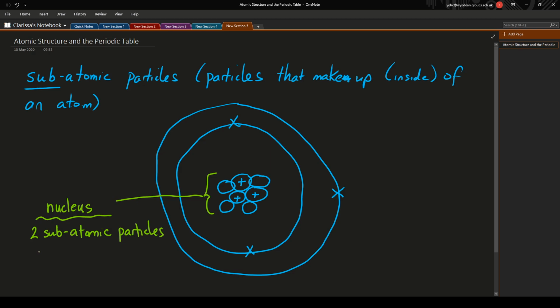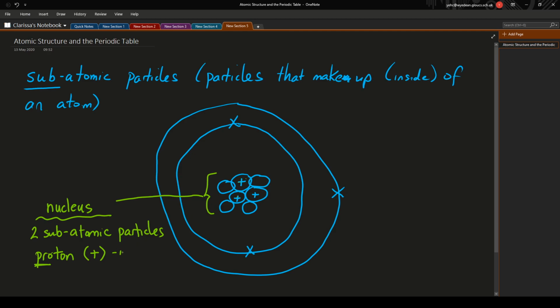The first one is what we call the proton. And it has a charge, it is positively charged. The way I remember this is if you think about pro, when you're pro something, you're for it, and that's like being positive, isn't it? So pro is positive. And then, so these positive charges here, we have 1, 2, and 3 protons.